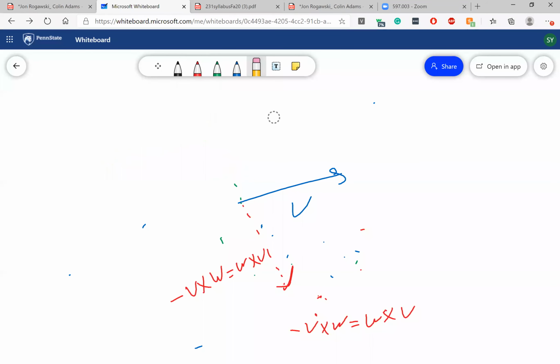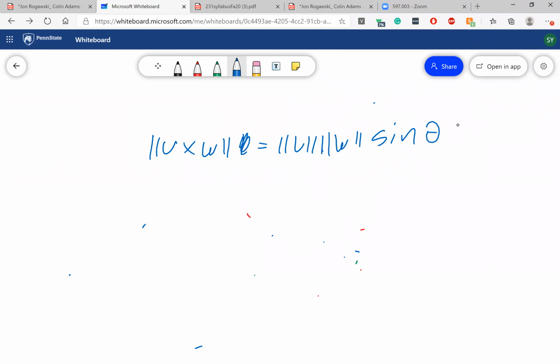The best way to see that is from the equation that the magnitude of V cross W is equal to the magnitude of V times the magnitude of W times the sine of the angle between these two vectors.